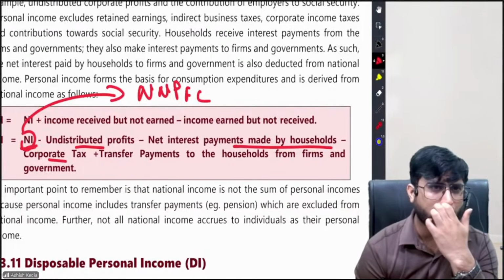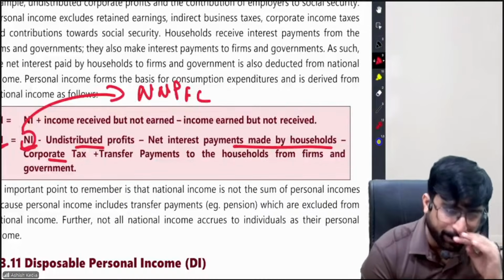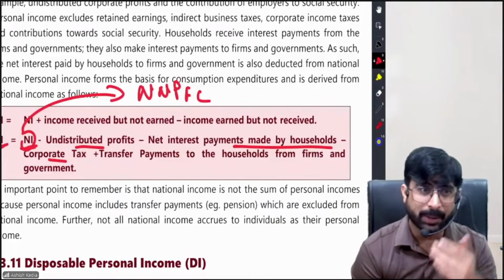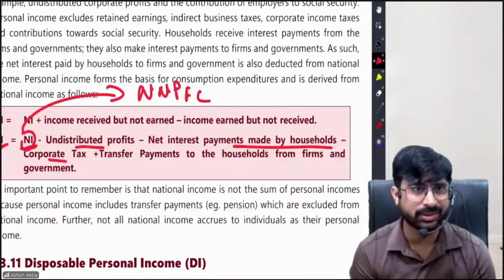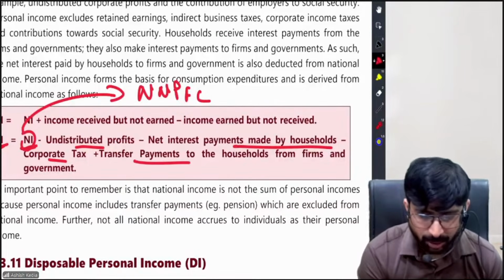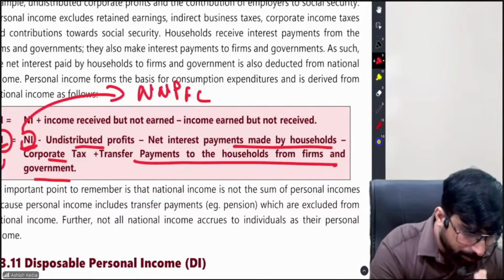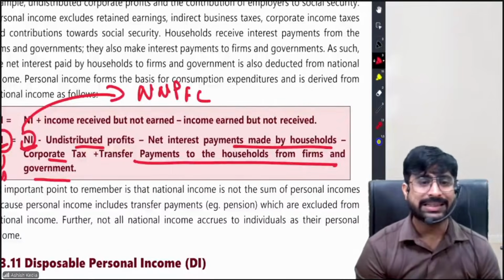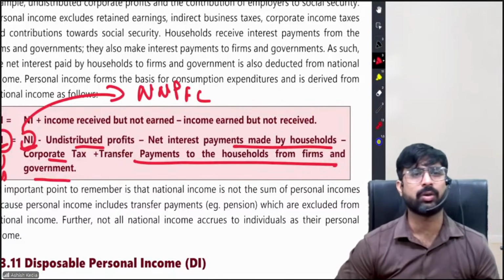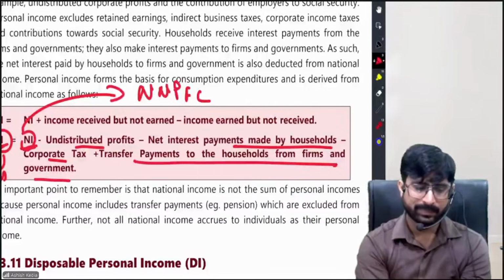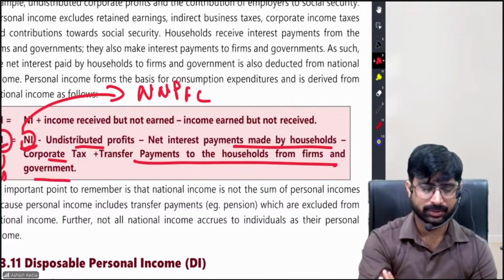Why? Because corporate tax is reaching the government, not the private individuals. We are computing personal income here. Money should reach the hands of households. Plus transfer payment made to households from firms and government. So personal income is nothing but the income of the households. Money that at least reaches the hands of the households. That is personal income, my dear students.